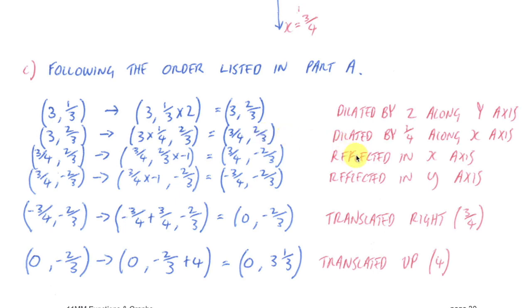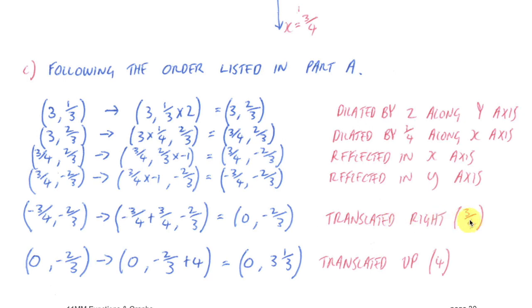We're reflected in the x-axis, so every y value has been multiplied by -1. So only affecting the 2/3. So 2/3 times -1 gives us this. Reflected in the y-axis, so every x value has been multiplied by -1. So the 3/4 has been multiplied by -1 to produce this.